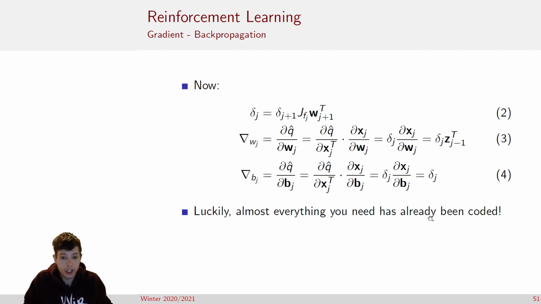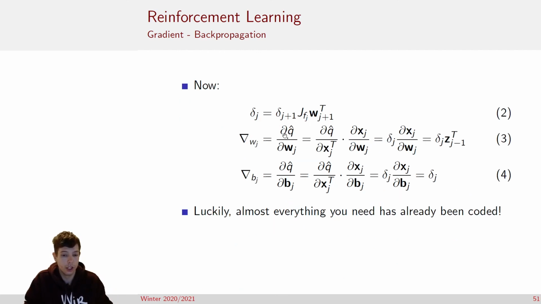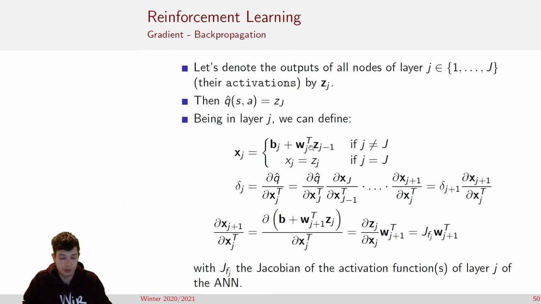Now to finalize this, what we wanted to see was not the derivative of q with respect to x, but the derivative of q with respect to w, or the weights. So how do we need to adjust our weights to increase the value function? That's nothing else than the derivative of q with respect to x times the derivative of x with respect to w. Just apply the chain rule again, because x is just defined as b plus w times z.